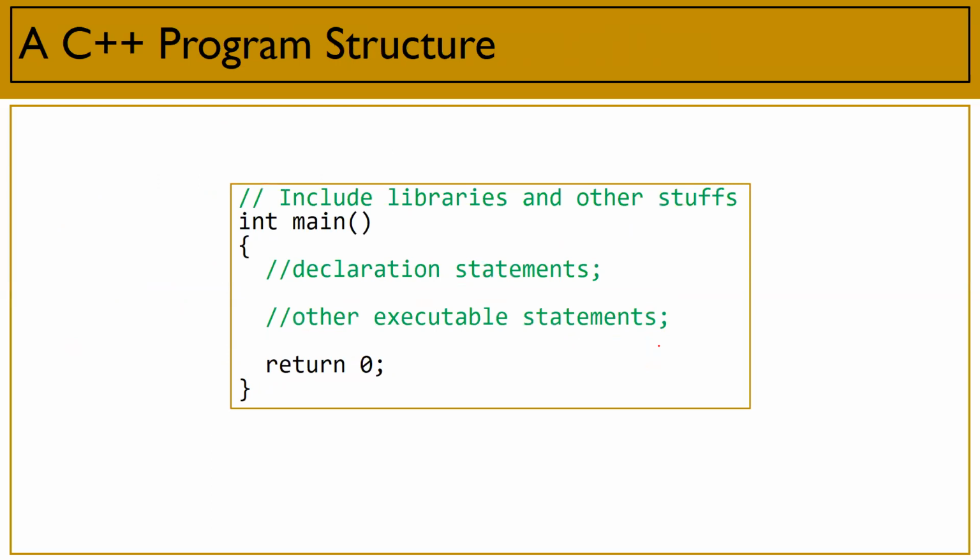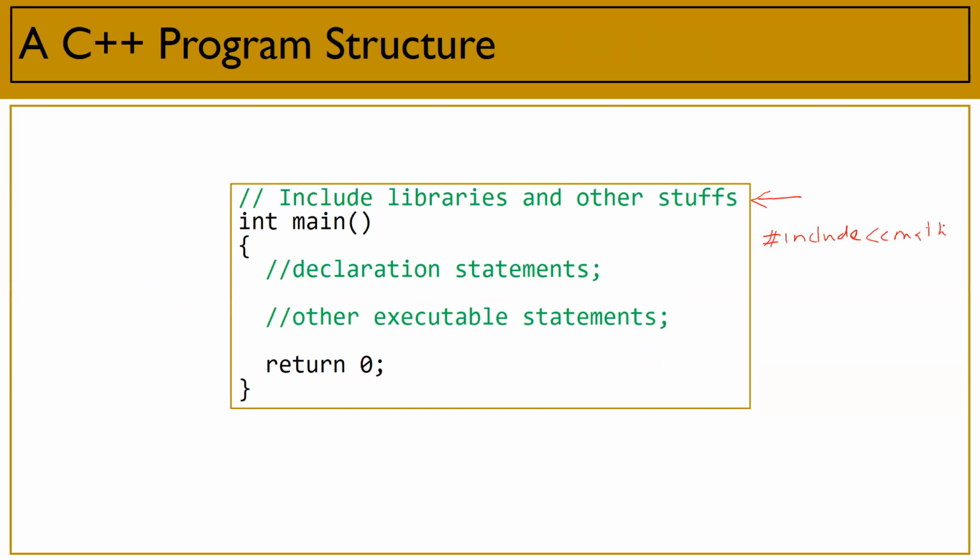Now let's extend our C++ program that we started with int main, return 0. We know that if we have to include libraries for input and output, we use #include iostream. If we have to use some math function, we have to include the math library, which is cmath.